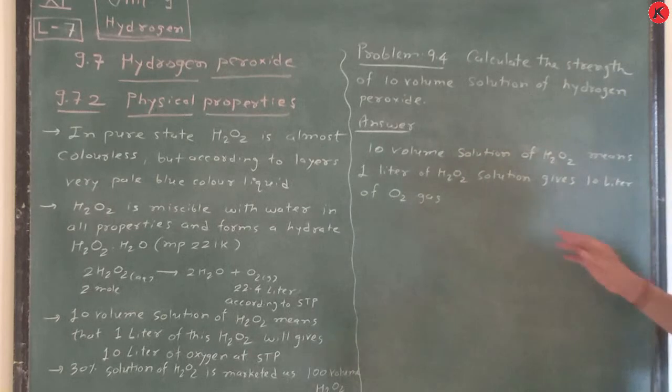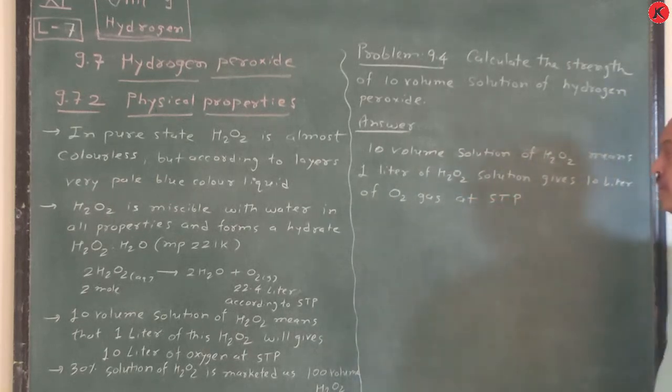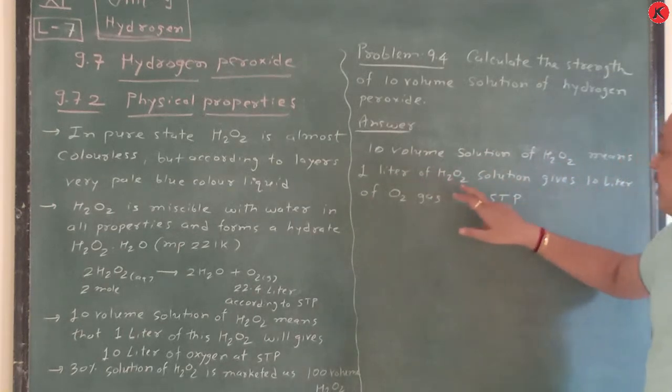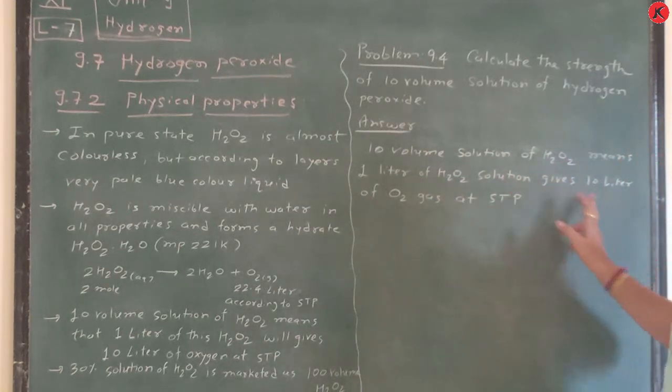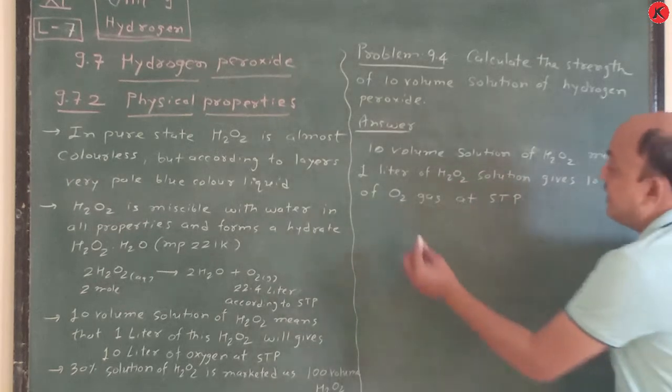Okay, remember this one at STP. 10 volume solution of H2O2 means nothing but 1 liter of H2O2 solution gives 10 liter of O2 gas at STP.